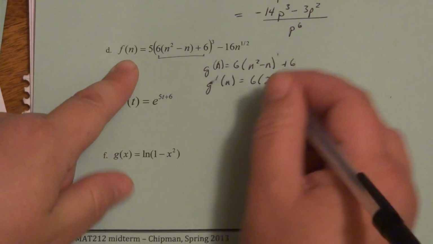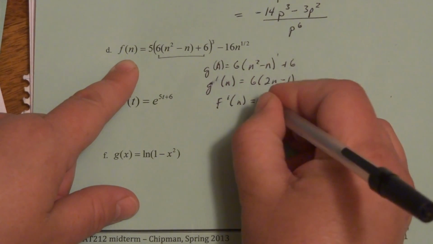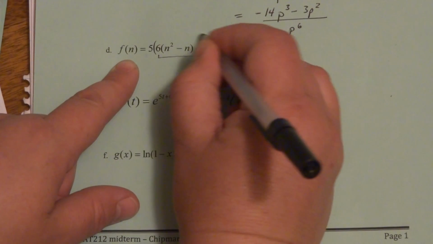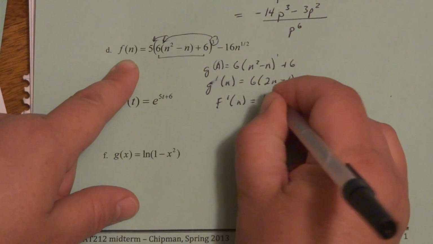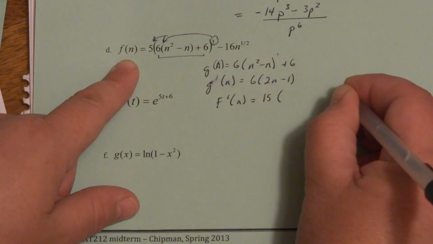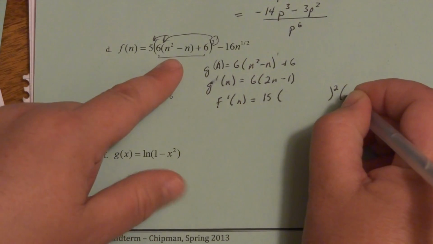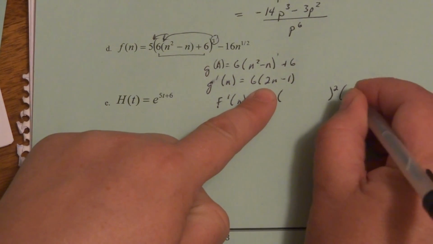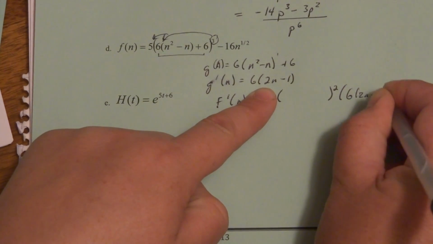So the derivative of the function itself, f prime of n, is going to be, we're going to move this down, oops, way over there. So 3 times 5 is 15. Then we'll keep what's in the parentheses, and we'll just have it squared. Take the derivative of what was in the parentheses: 6 times 2n minus 1.